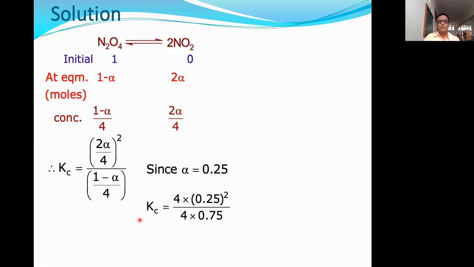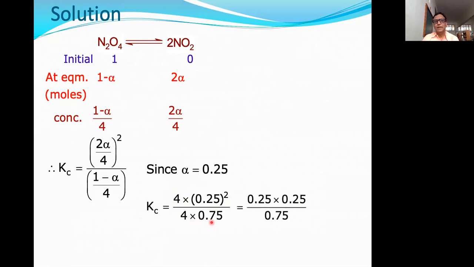Now you know that K is equal to, now substitute the value of alpha. So you can write K is equal to 4 into alpha, that is 0.25 square, divided by 4 into 0.75, that is 1 minus alpha.